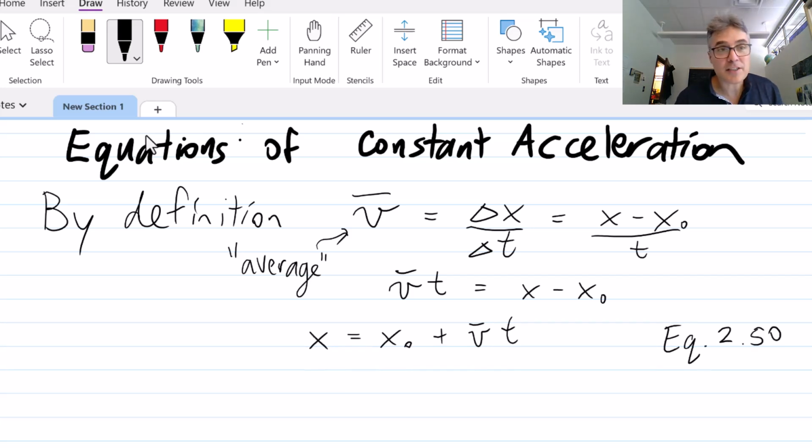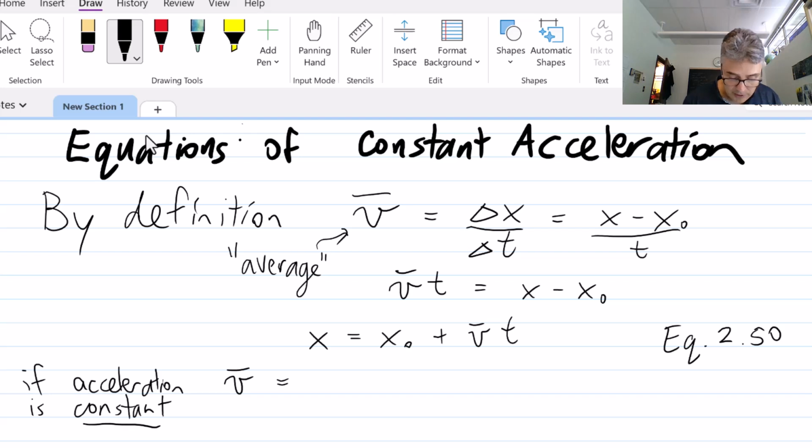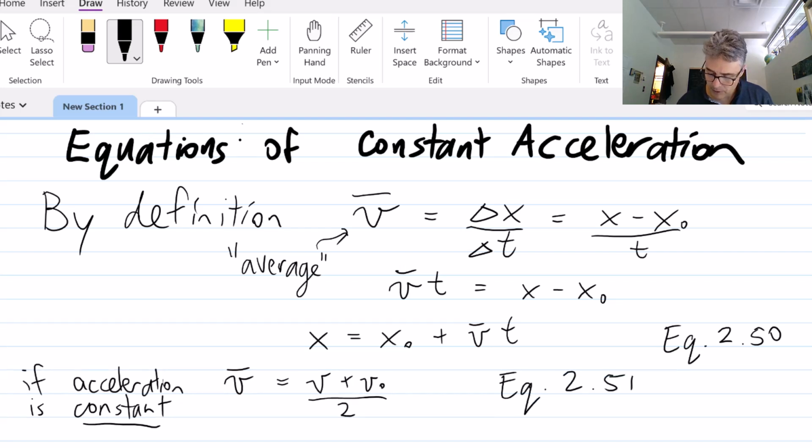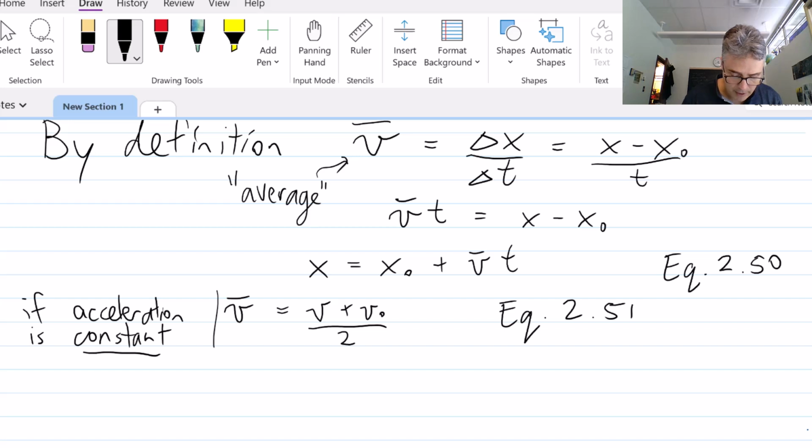And the next thing is this sort of obvious idea, which is that if acceleration is constant, then the average velocity is the final velocity plus the initial velocity divided by 2. It's halfway between the initial and final. And your book calls this one equation 2.51. But what I'm going to do is combine these two equations. I'm just going to plug this into here.